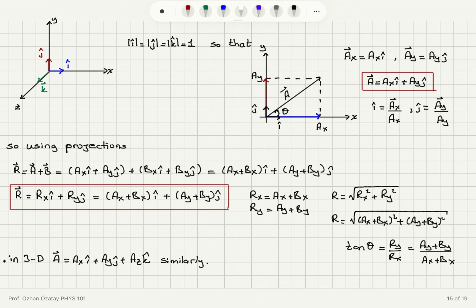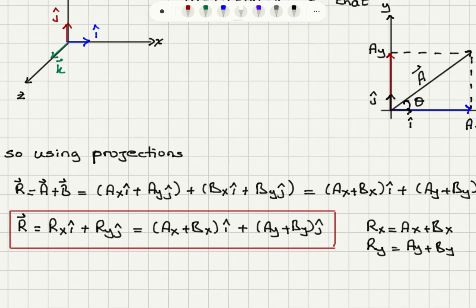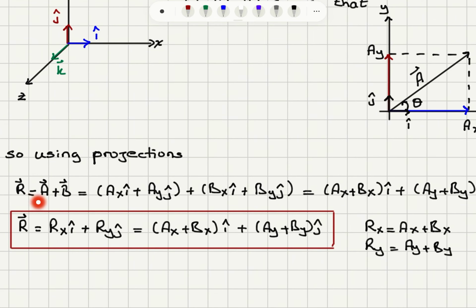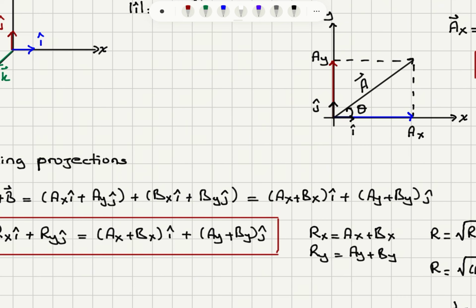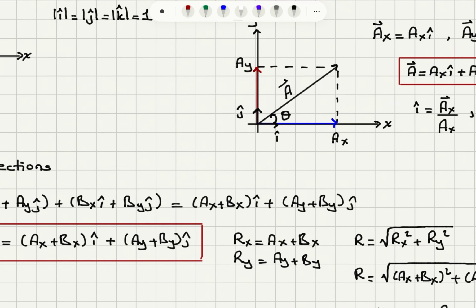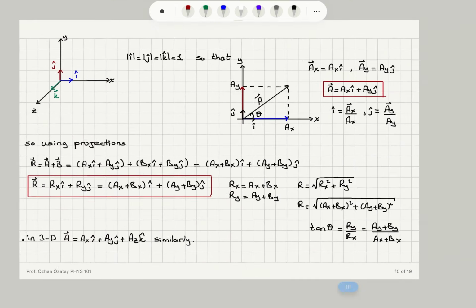Okay, so if we're going to do addition of vectors using projections, a vector plus b vector, since these vectors can be written in terms of the unit vectors and the projections onto the x and y axes here, a vector is a_x i hat plus a_y j hat, b vector is b_x i hat plus b_y j hat. If we add them up, we get (a_x plus b_x) i hat plus (a_y plus b_y) j hat.